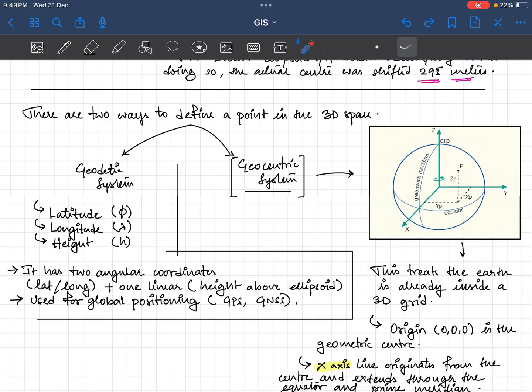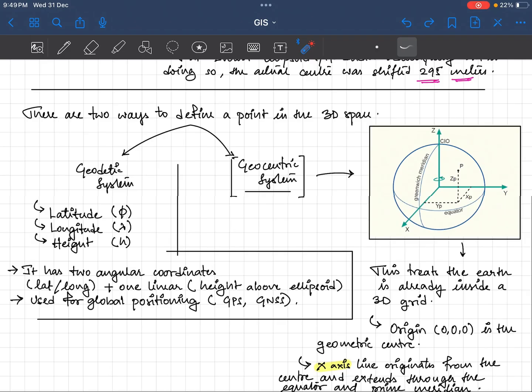Now when the results of those calculations are being shown to humans, humans prefer degrees over meters. Just imagine that if I say to somebody that from the origin, the point that I want to refer to is positive 4 million meters east, then it will create a lot of confusion. That is why for humans to understand this, we use latitudes and longitudes.